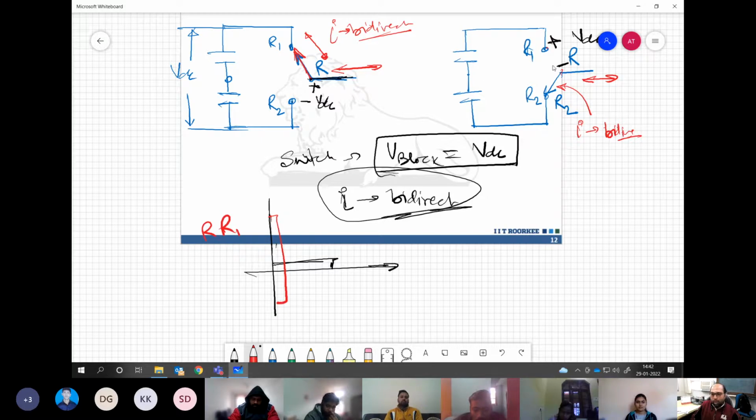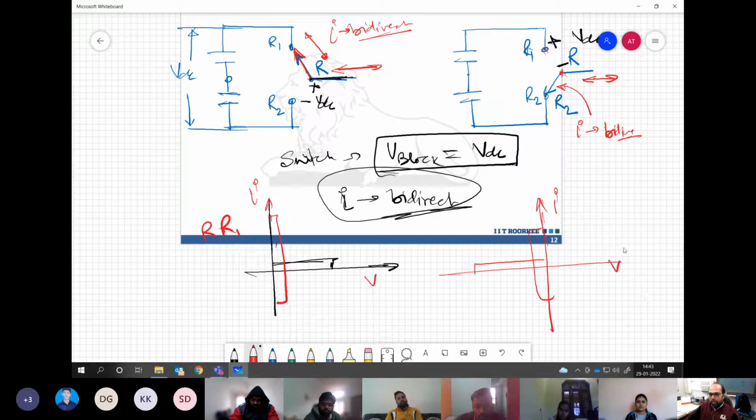So this is blocking plus-minus voltage and current is bidirectional, whereas R2 is blocking reverse polarity of that. You notice the direction, right? In first case, the R is at plus, the second case, R is at minus. So you can say that polarity is something like this. Understand the point?